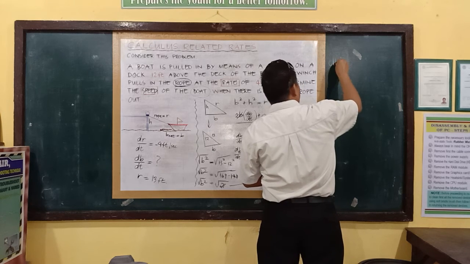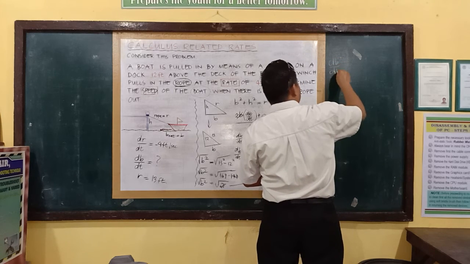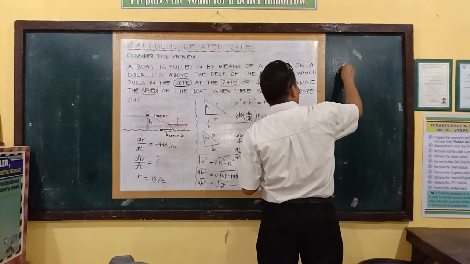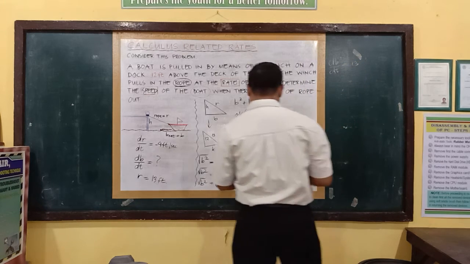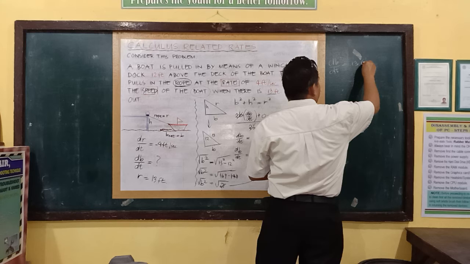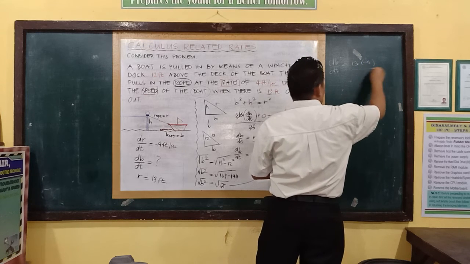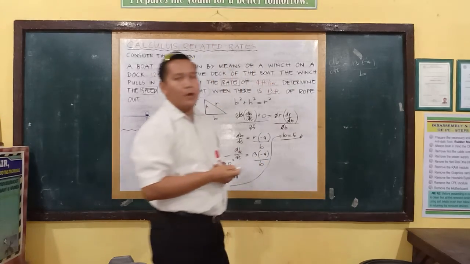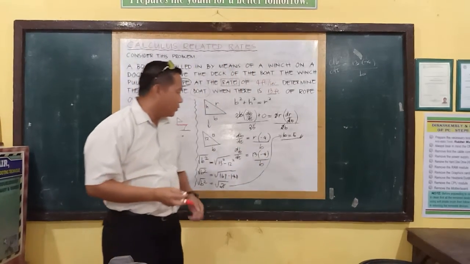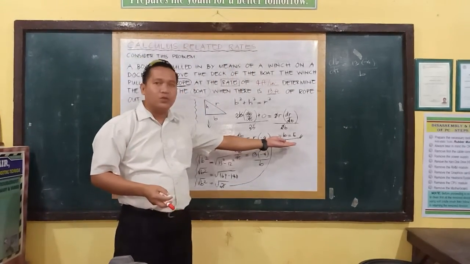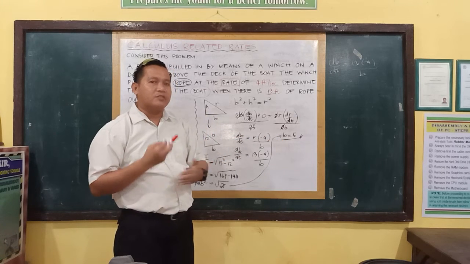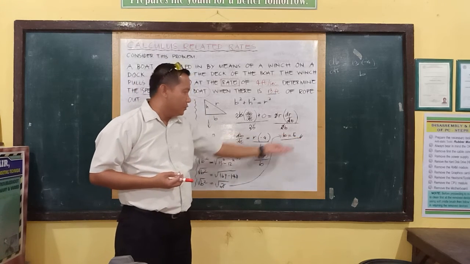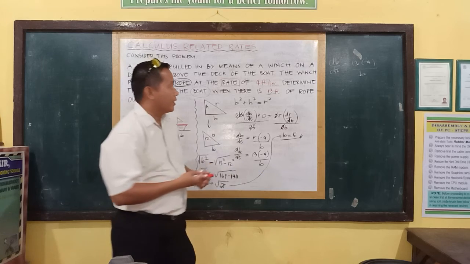We have dB/dt equals 13 times negative 4 all over B. So what we are going to do now, since we have already the value of our B, which is 5, we will simply substitute this value into this equation. Okay?